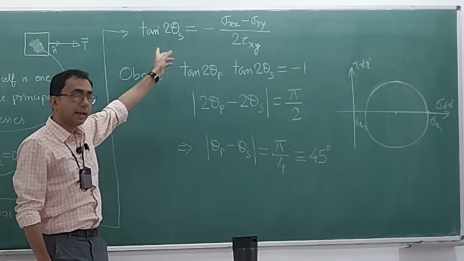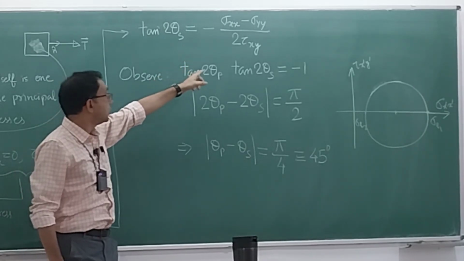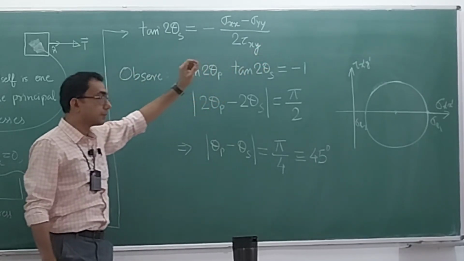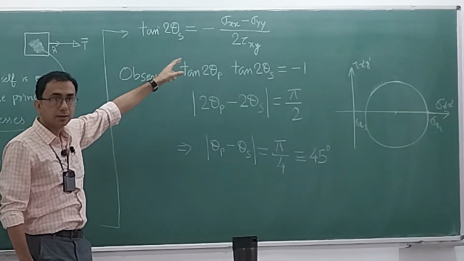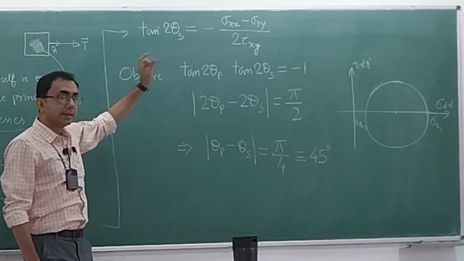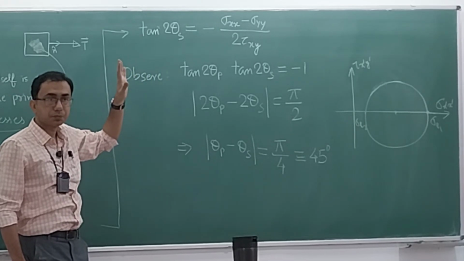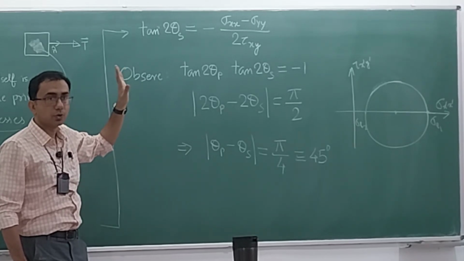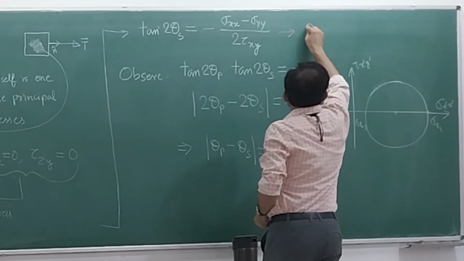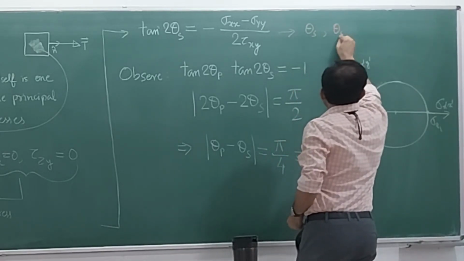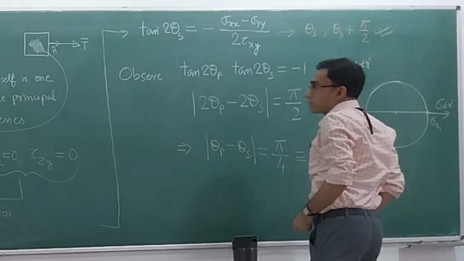But this is a tan, which means that you are also going to obtain the same numerical value of the right hand side if you substitute twice theta s plus 180 degrees. Which means that theta s and theta s plus 90 degrees are both acceptable solutions. So theta s is one solution and theta s plus 90 degrees is another solution.